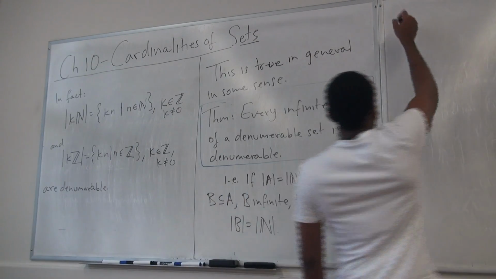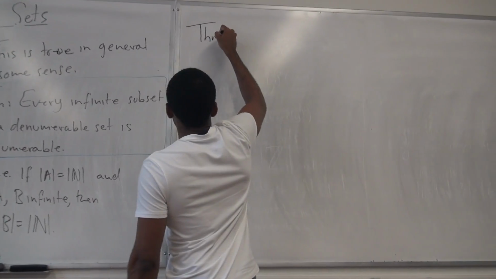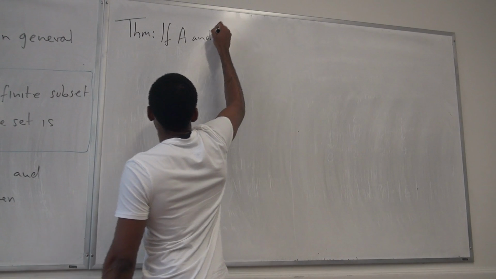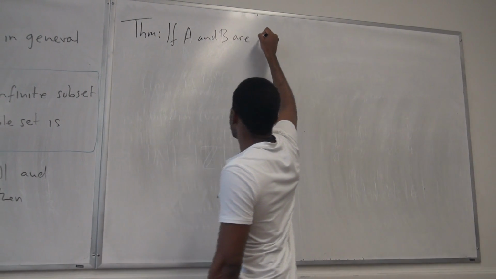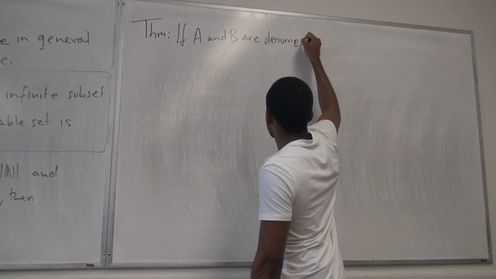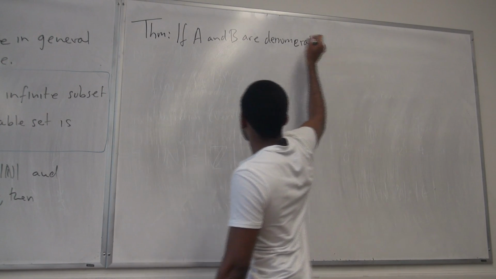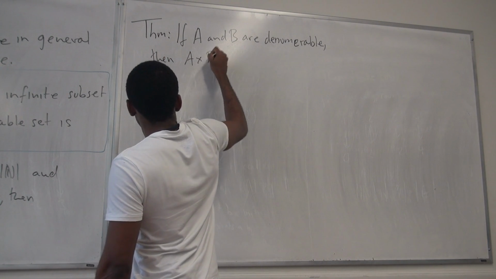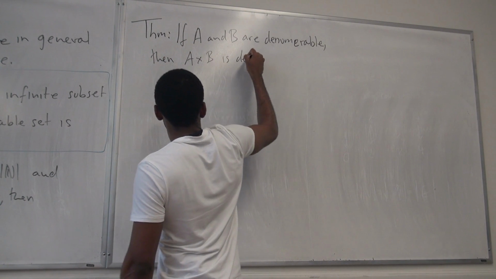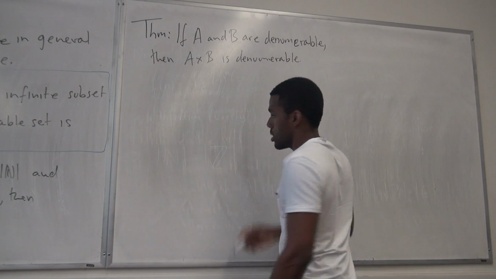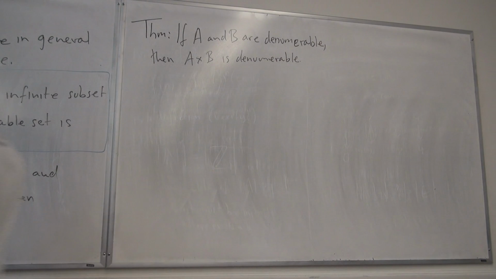Here's another theorem, an interesting one. If A and B are denumerable, then A cross B is denumerable. The Cartesian product of two denumerable sets is also a denumerable set.